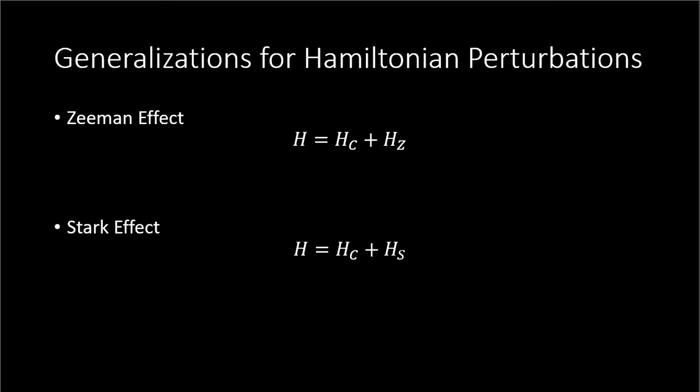Therefore, we can approximate a new Hamiltonian by taking the easily solvable Coulombic Hamiltonian and then making a slight perturbation through monitoring the Zeeman effect or the Stark effect, which again is just if we apply a magnetic field to a substance with a magnetic moment or an electric field to a substance with an electric moment. And something like hydrogen has both of those moments, so it's possible to look at both the Zeeman effect and Stark effect.